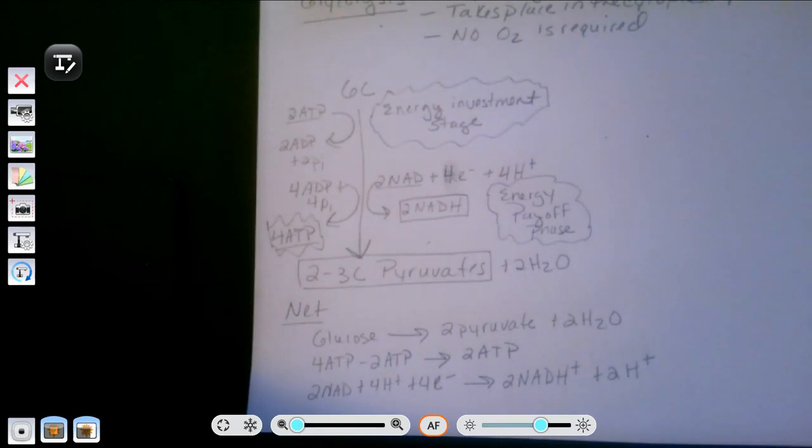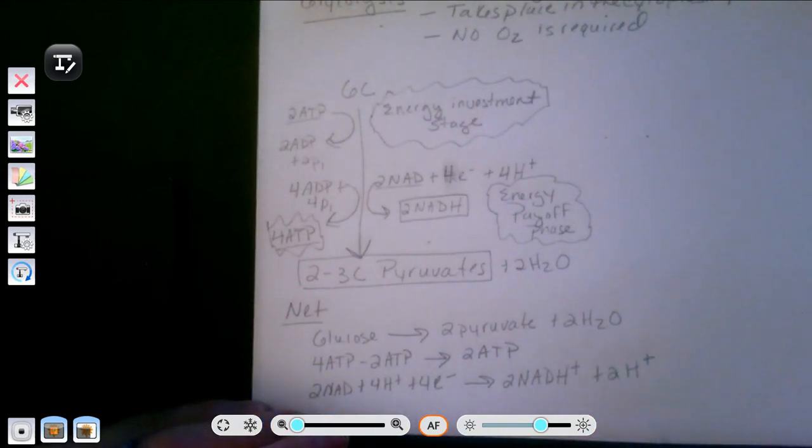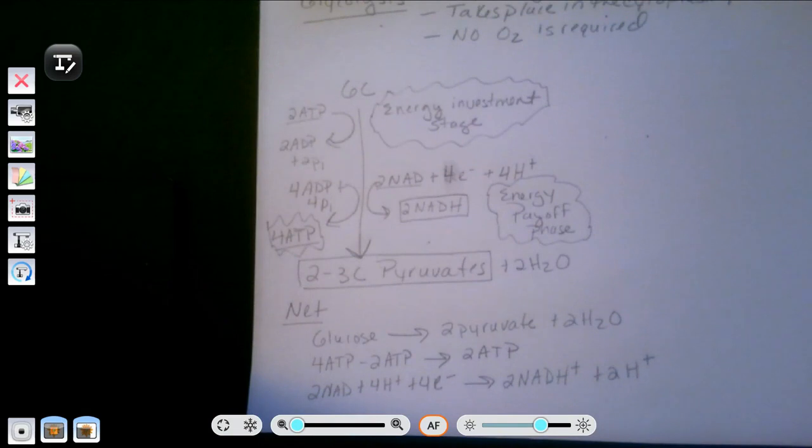And this is glycolysis. So we'll talk about where everything's going to go. Pyruvate is going to end up going to the mitochondria as long as oxygen is present.